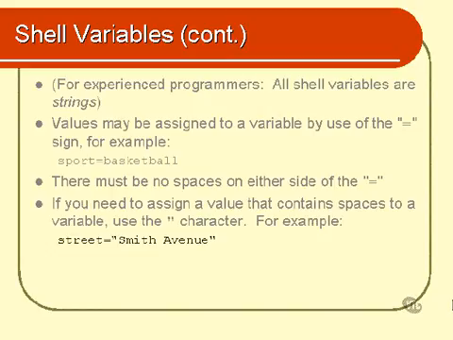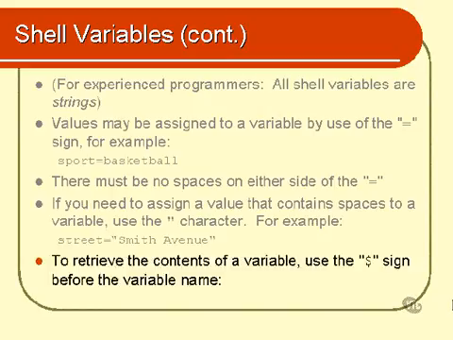Now, so far we've only looked at how to assign a value to a variable. The whole point of variables is that you are then able to retrieve the value in the variable at any given point in the future. So of course I have to show you how to do that. To retrieve the contents of a variable, in other words to get the value out of the box or to know what is in the box, you use the $ as a prefix before the variable name, like so.